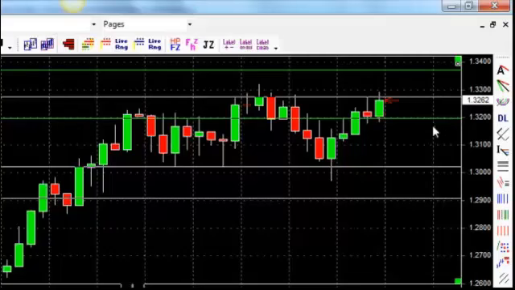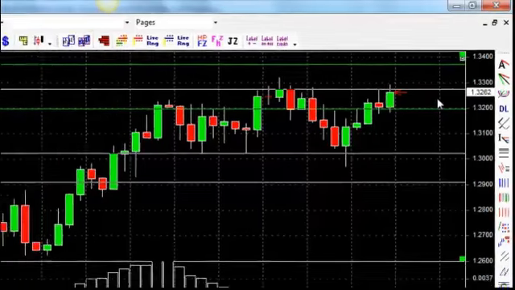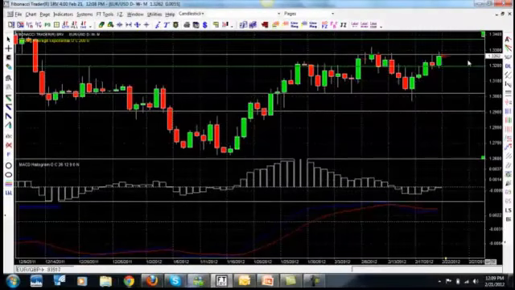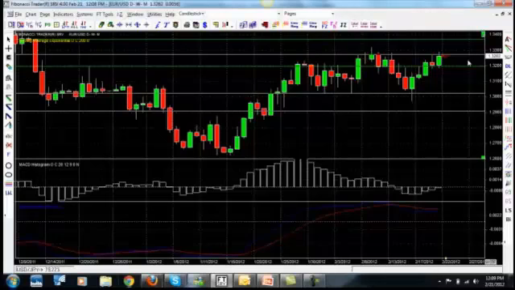As economic factors happen in each country, in this case the euro against the US dollar, whether it's news releases on the current economic conditions in the US or in the euro area, that would cause the value of one of our currency pairs to strengthen against the other, and these currency pairs move up and down.